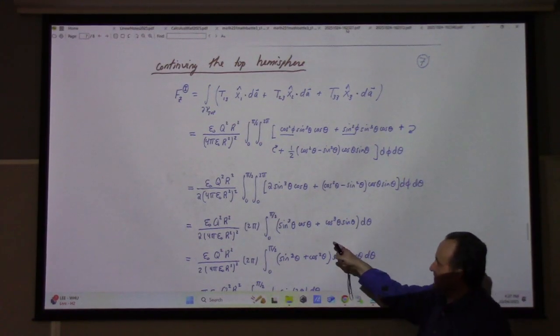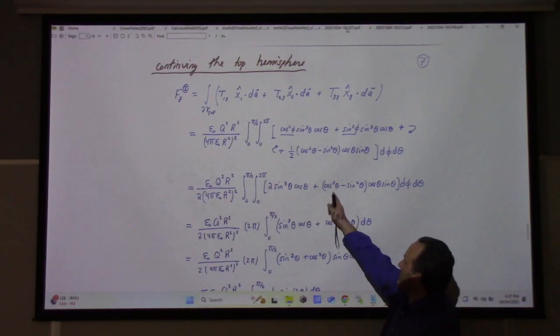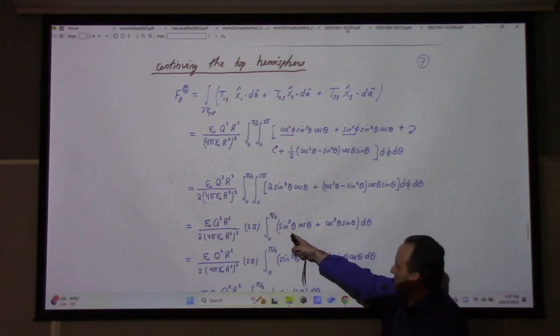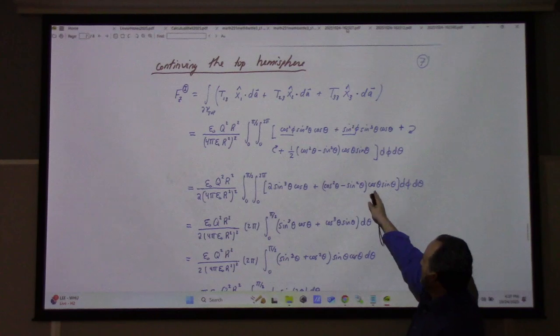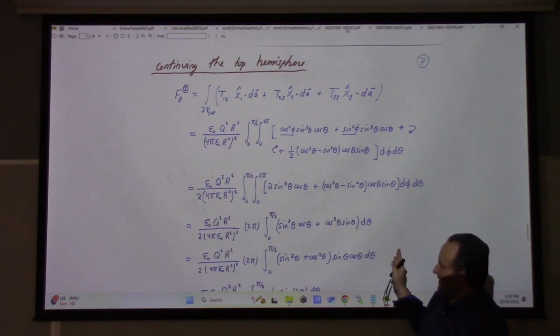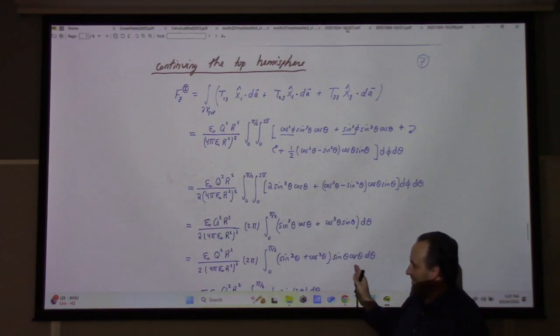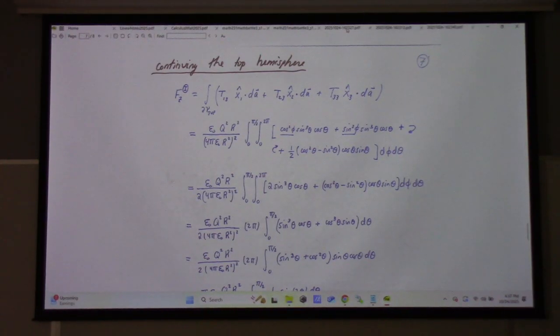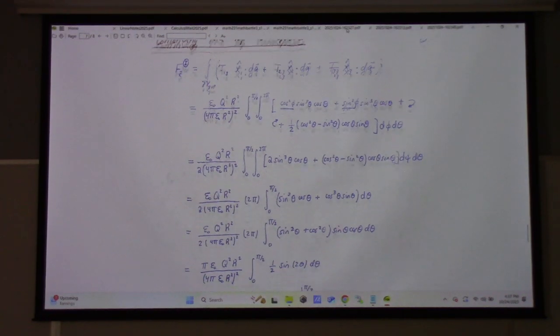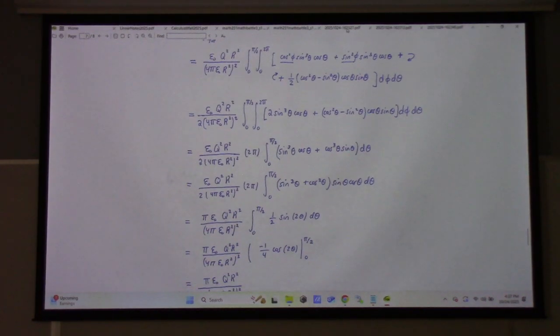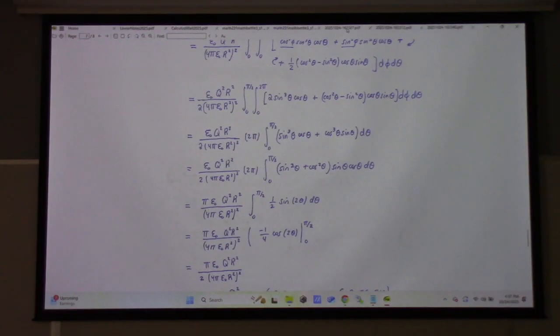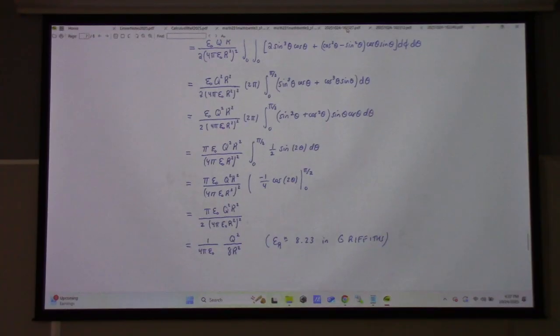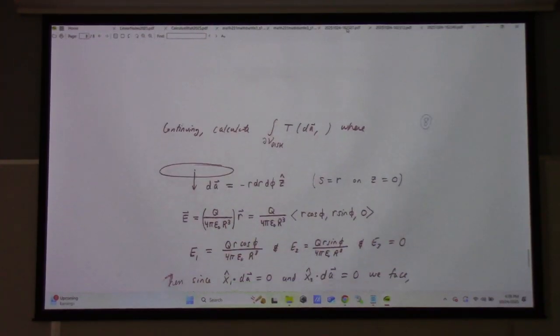But if you multiply this out, you've got 2 of these here, but minus 1 of them over here, which gives you just 1 of them. And then, of course, you've got the cosine times cosine, which is cosine cubed. But then you factor sine cosine out, and then you just have the integral of sine cosine. So all of that, just to have the integral of sine cosine. And lo and behold, there's half of it, because we still have to do the disk. All right, so that's equation 8.23 in Griffiths.